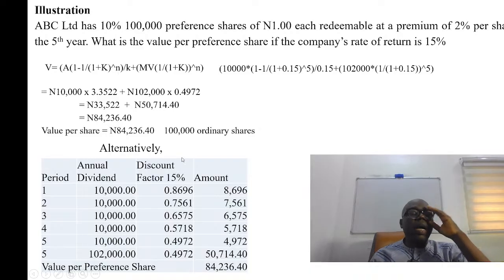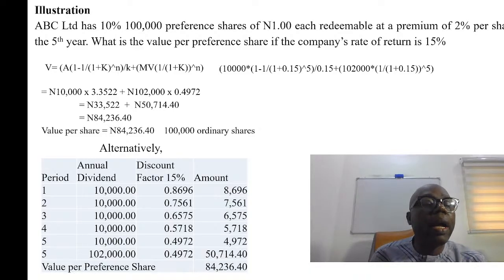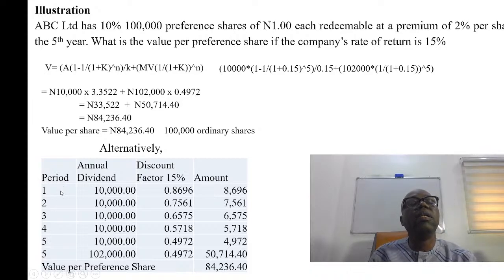Alternatively, you can use the tabular approach. So you have period from 1 to 5th year. The preference share will be earning 10,000 every year. The first year it will earn 10,000, second year, third year, fourth year, and 5th year. Then in that same 5th year, the amount invested will be repaid.